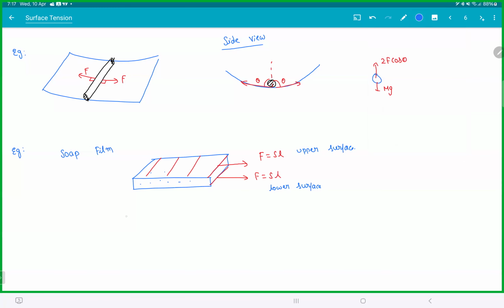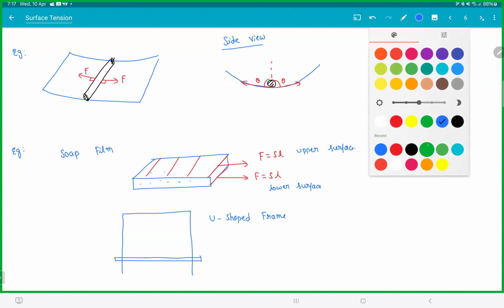That means they can ask a question like this. You take a U-shaped frame, and fill this with a soap film.